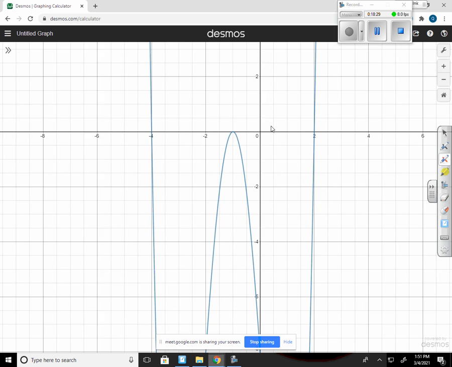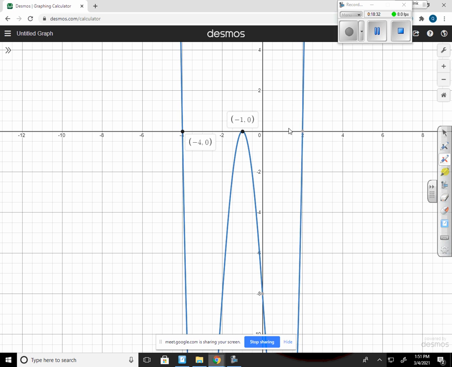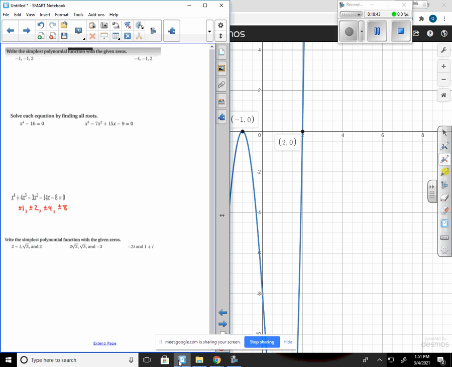And when I zoom out and look at the graph of this one, I can see there are multiple points where it touches. So you pick any one of those that is a whole number. I'm just going to go with 2, just to make it easy to start with.